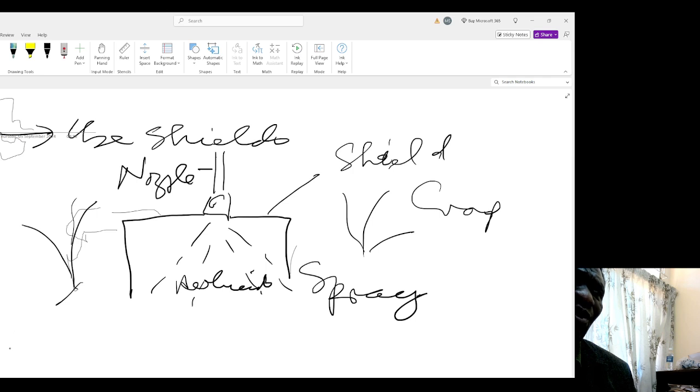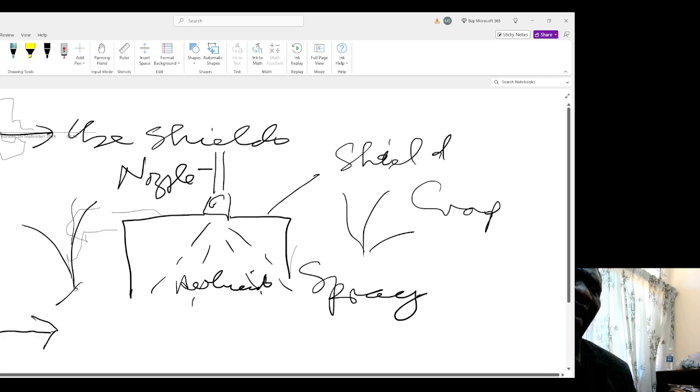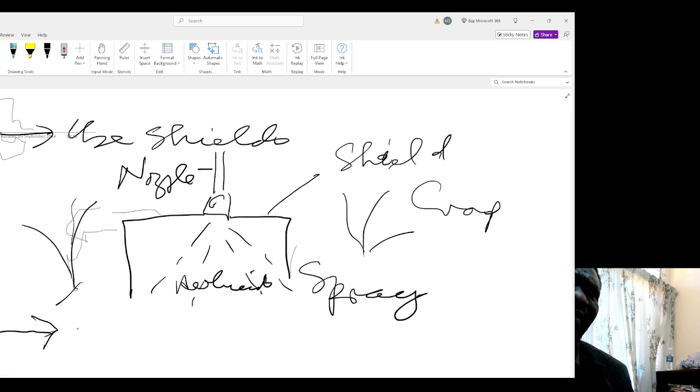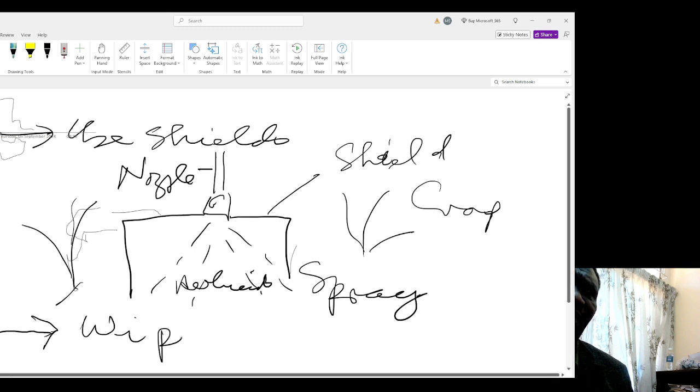We can also use weed wipers. Now a weed wiper will have something like this.